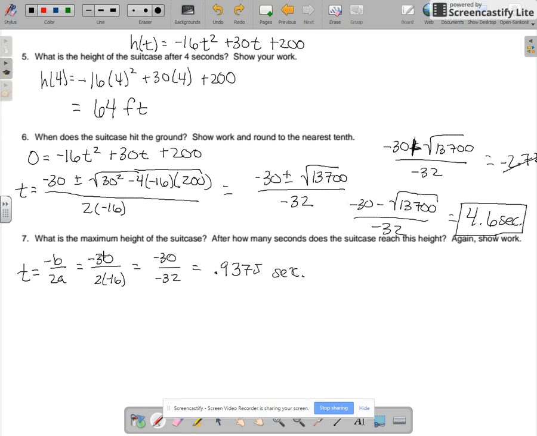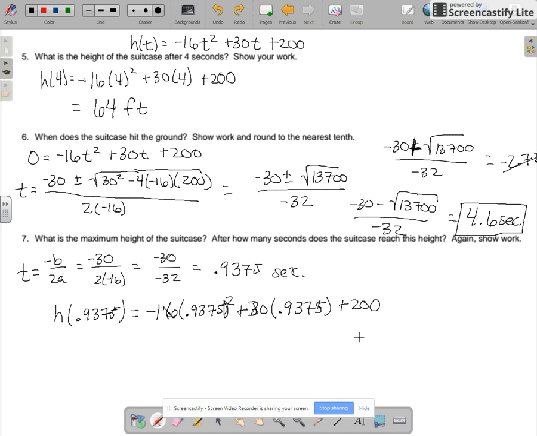Once we have that, we're going to plug that in for t. So h of 0.9375, if you round it, that's okay, is equal to negative 16 times 0.9375 squared plus 30 times 0.9375 plus 200.